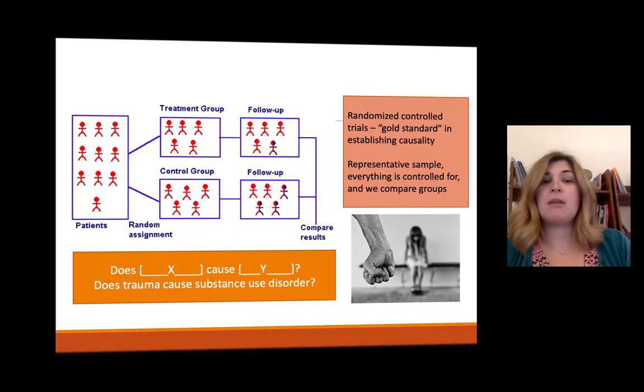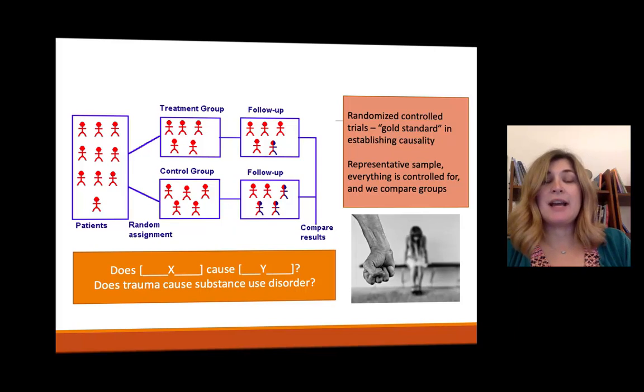We do not give them the therapy service or the medication or the surgery or whatever. And then each of those groups have a follow-up, and we compare those results. This tells us whether this treatment was successful enough if there's a significant difference between those individuals who received the treatment and those individuals who did not receive the treatment.